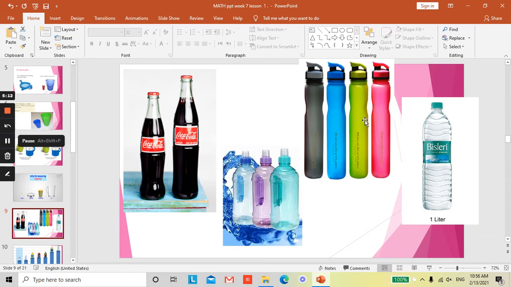Also, we have the container that we use to carry water to school, to the beach, to the park. Some are 1 liters, others are half a liter. We have a 1 liter bottle of water here. All of us have seen this water.